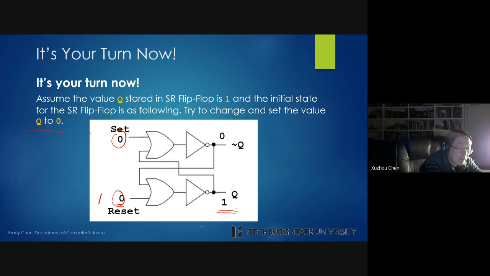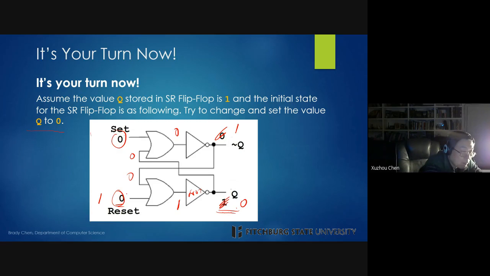If I don't change both, then it's going to stay as a 1. But if I change this to 1, even though this one's 0, this becomes 1. If this is 1, then the output becomes 0 because that's a NOT gate. And this is going to be 0 here, and with the 0, 0, I get a 1 here.